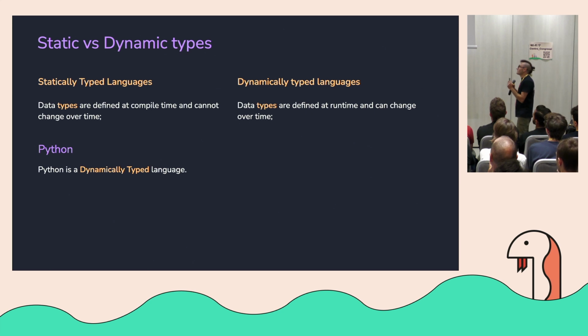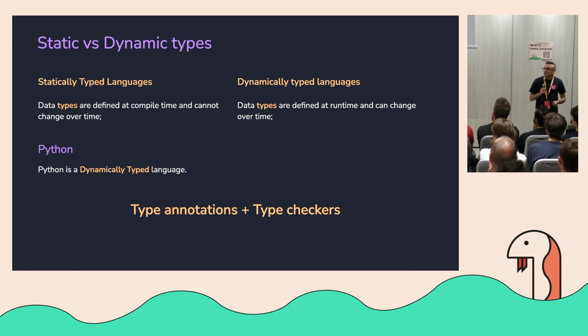Even though sometimes it might not seem so, because in Python there's type hints, but they do not enforce types. But you can enforce them with type checkers, though. If you use type annotations and type checkers, the experience of programming in Python can be very similar to a statically typed language.